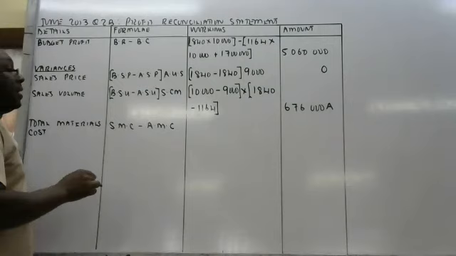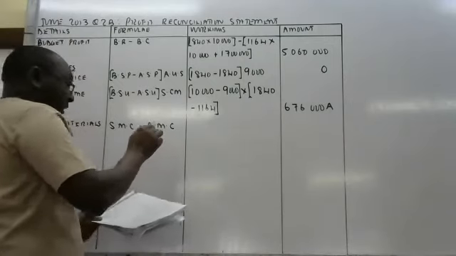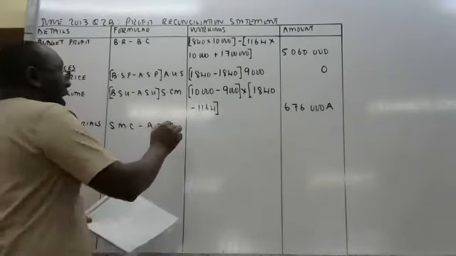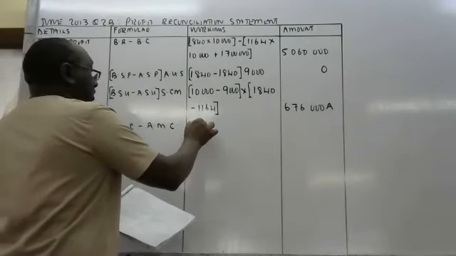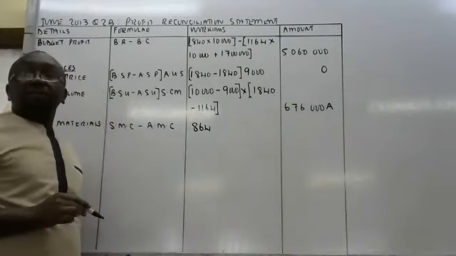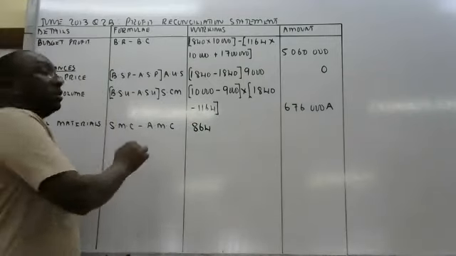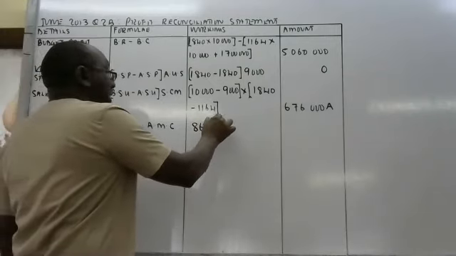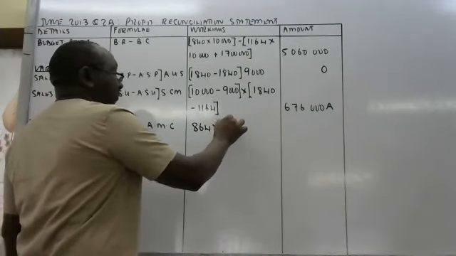Looking above, 1 unit was supposed to cost us 864, so you multiply by the actual units produced, 9,000.